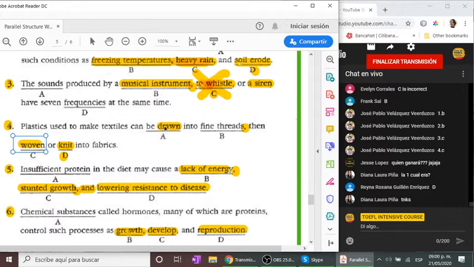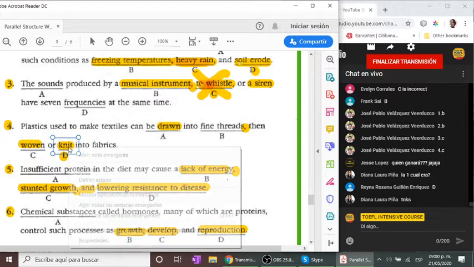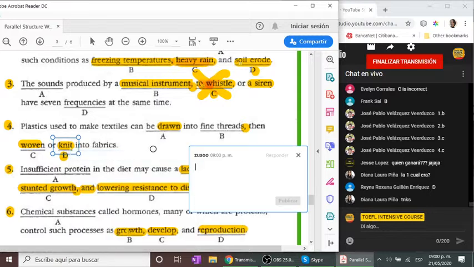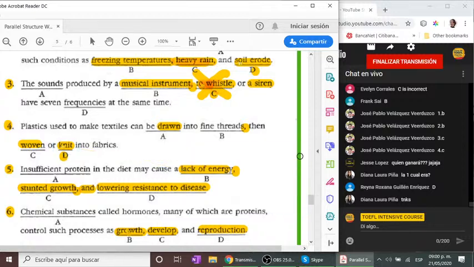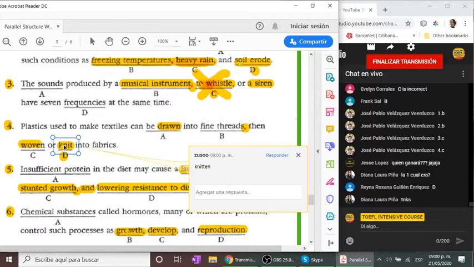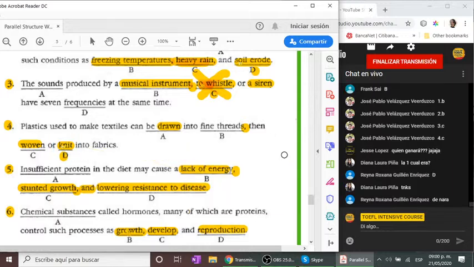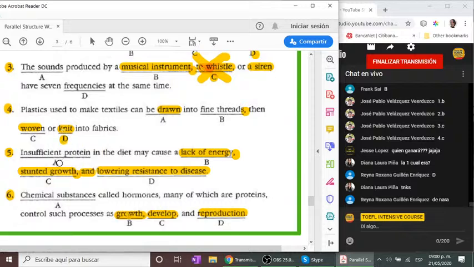Repetitive. Okay? Y aparte están en pasados participios, ¿verdad? Drawn and knit. Woven and knit. Knit. Ya, tejer, tejido. Sí. ¿Y cómo sería tejido? Knitten. Okay. And it's extra, it's knitten. But it's wrong, yeah. It's a different tense and it's wrong. Okay. Doesn't even make sense.